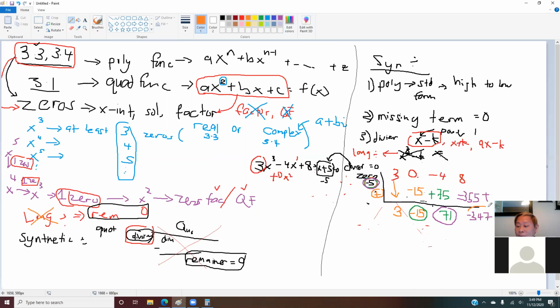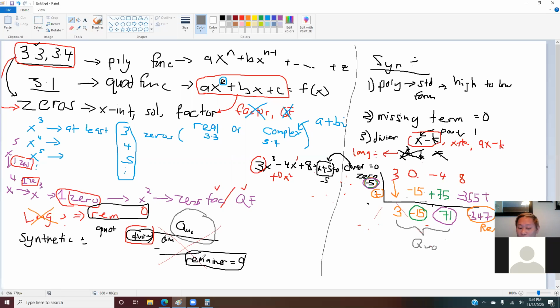This number that you found is your remainder. And the ones next to the remainder, these whole three of them, this is your quotient. So remember last time when I said quotient, when you divide something, you get your answer. That's your quotient.